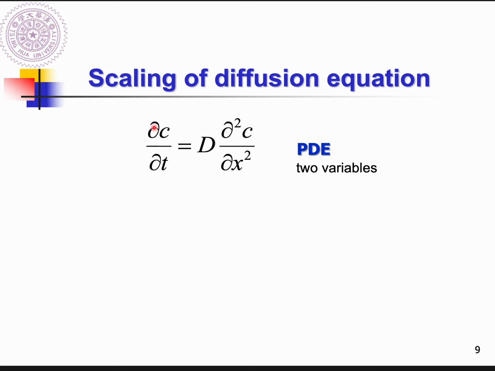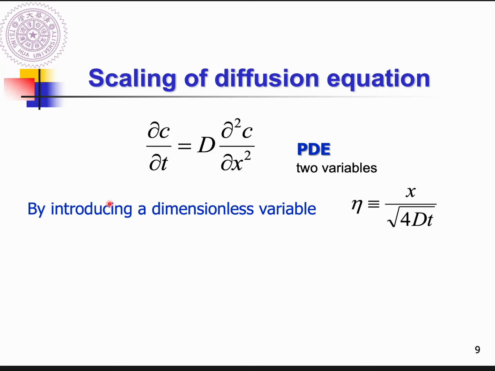So in order to get the solution of concentration profile, it would be better to convert this partial differentiation equation to the ordinary differentiation equation with just one variable. So let's try to introduce a dimensionless variable, eta. Eta here we define contains these two variables x and t, and becomes x divided by the square root of 4Dt.